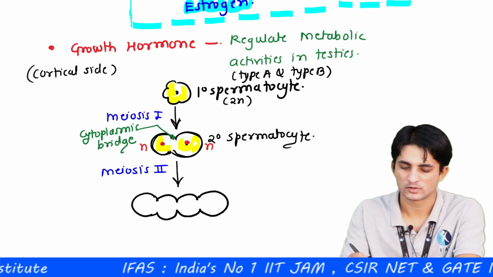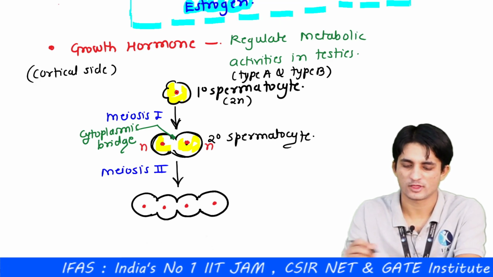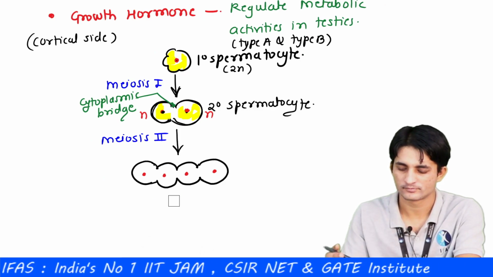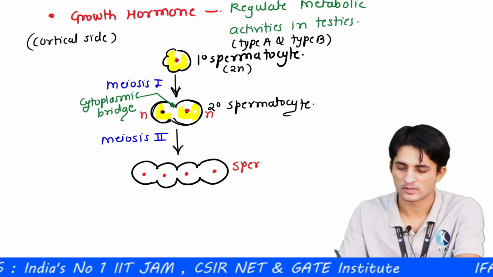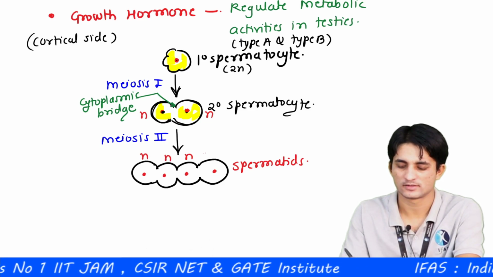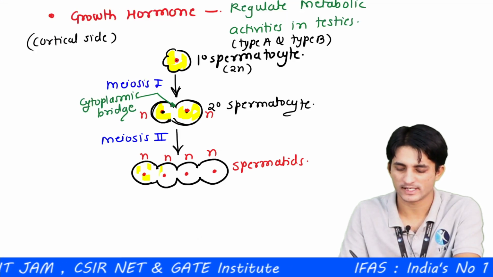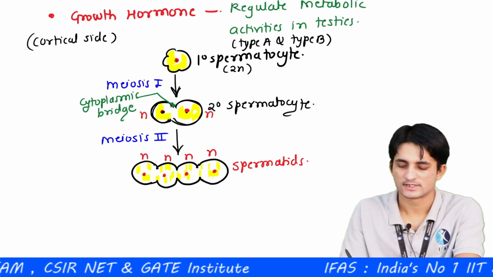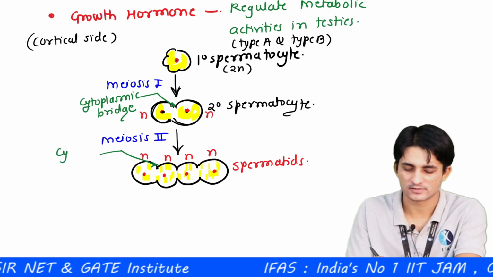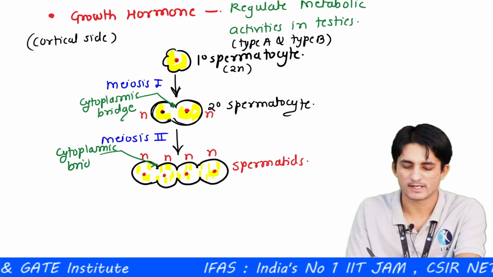Spermatids are haploid, and this cytoplasmic bridge plays a major role in the maturation of the spermatids.